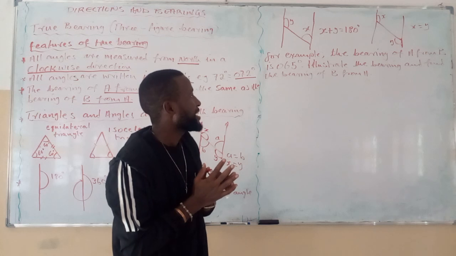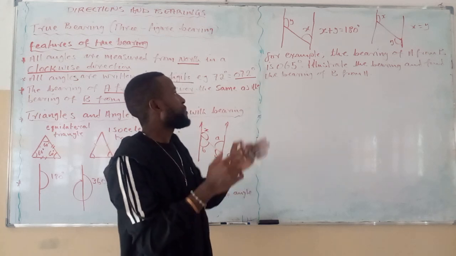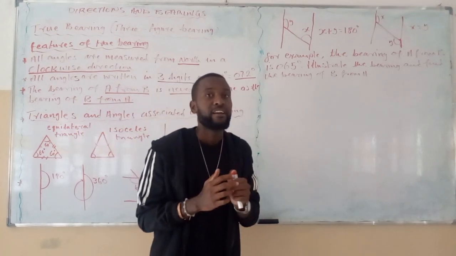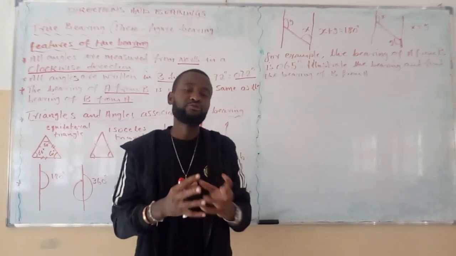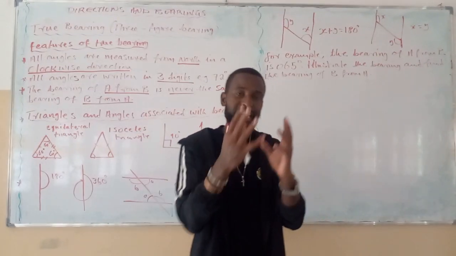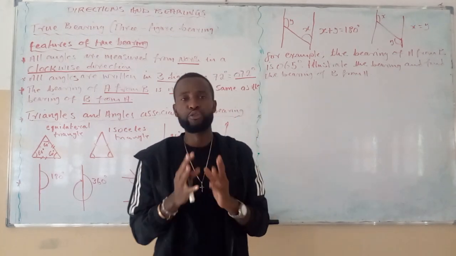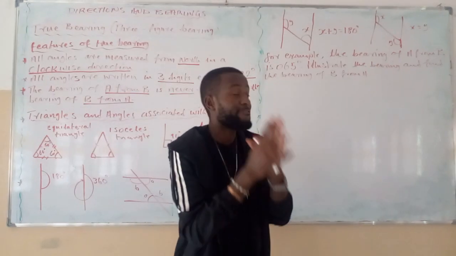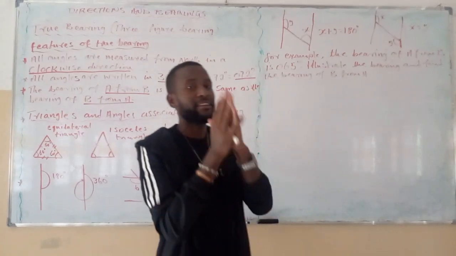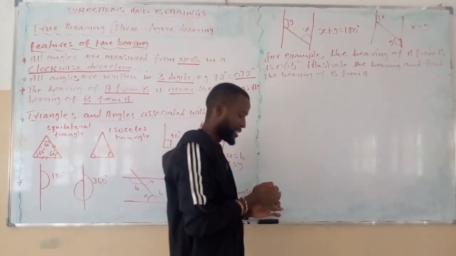Illustrate the bearing and find the bearing of B from A. So they have given us the bearing, but they want us to illustrate it by drawing and showing that this is the bearing they are talking about. Once you do that, go ahead and find the bearing of B from A. How do we do it? Let's begin.